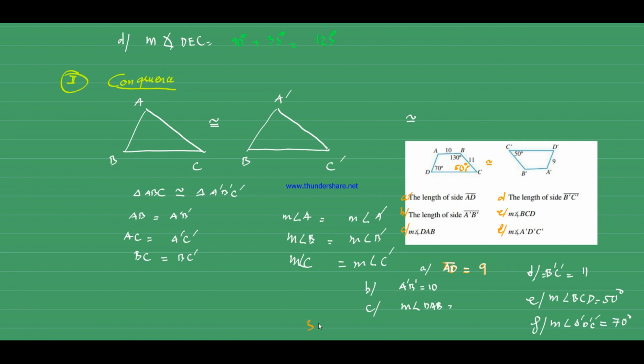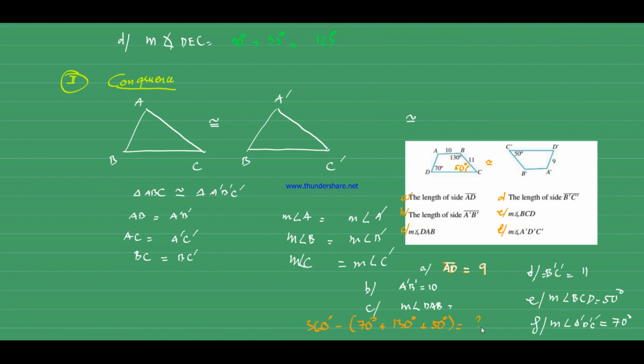So over here we can take 360 minus 70 plus 130 plus 50. I keep saying quadrilateral, because it has four sides. Okay, let me give you the answer.